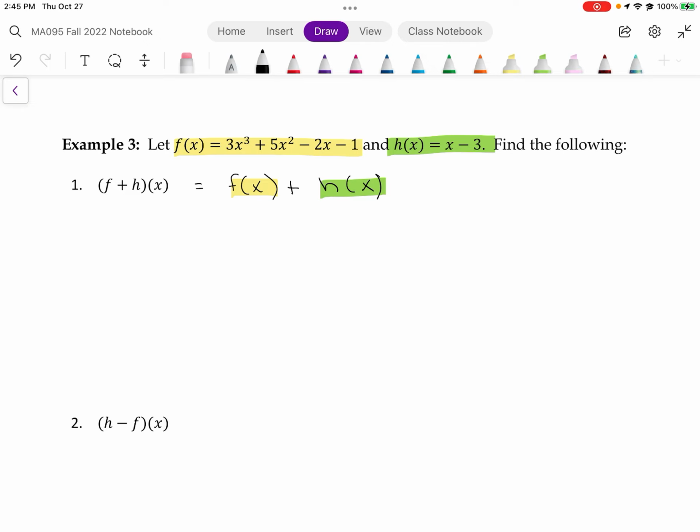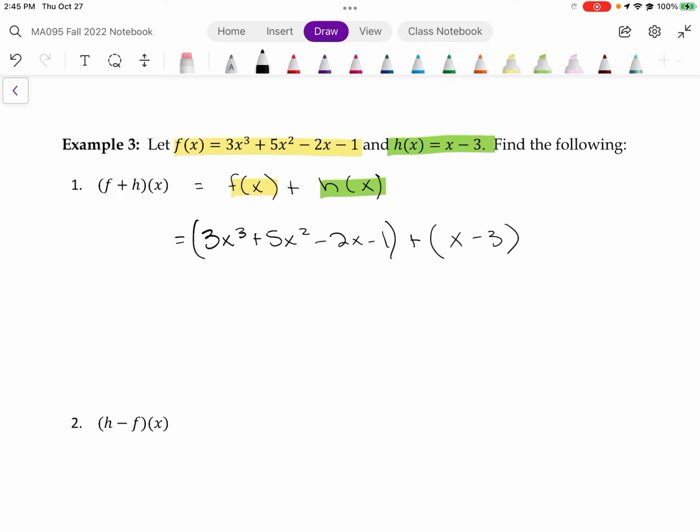So we need to put both of those with an addition sign in between. So we're just adding them together. We've done this already in the last lecture. So this is just going to be 3x cubed plus 5x squared minus 2x minus 1. We could use parentheses around them if we want to, but since it's plus, it's not that big of a deal. x minus 3. It's not going to change anything.